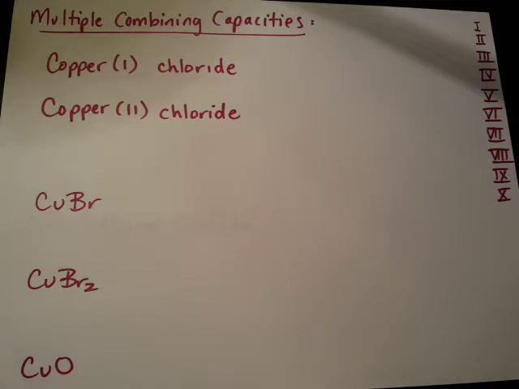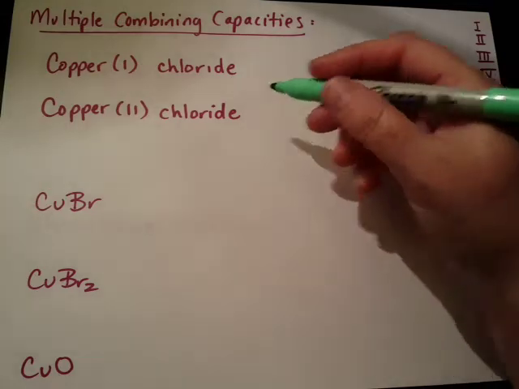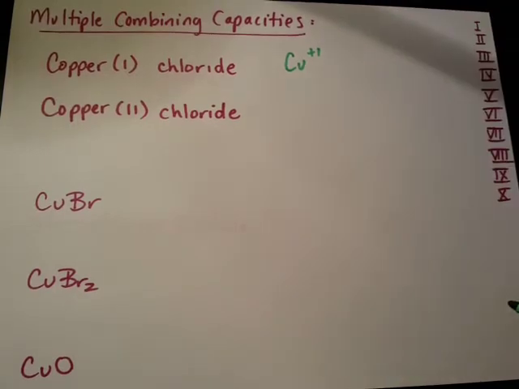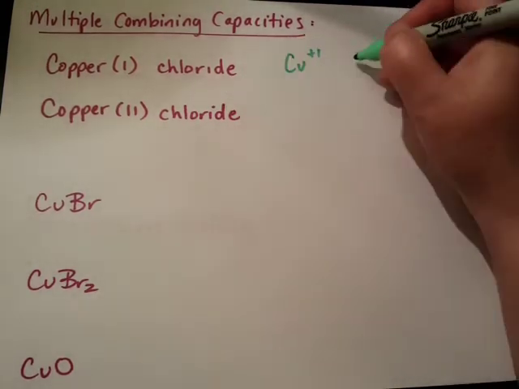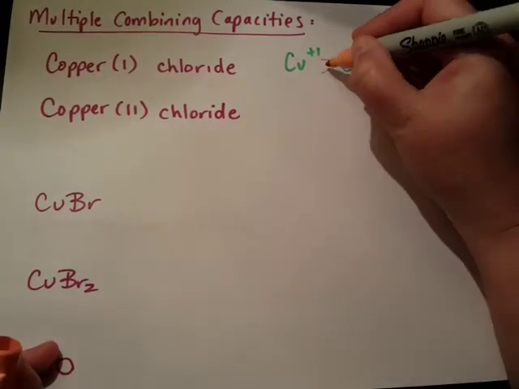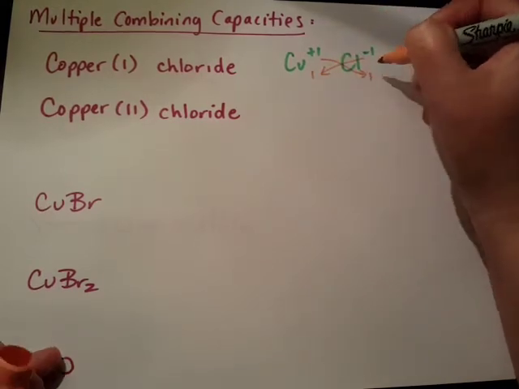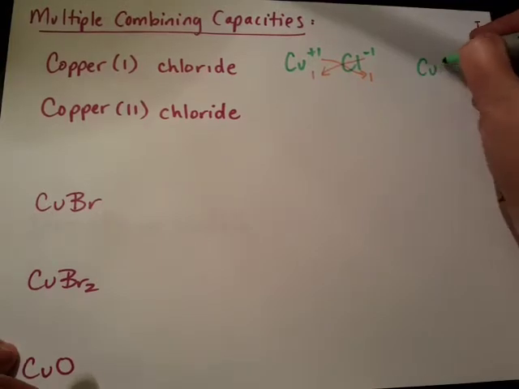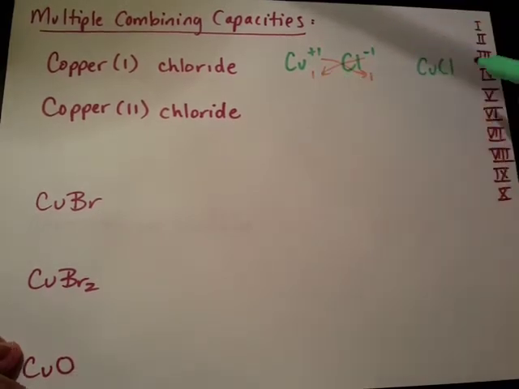When we're representing those and we want to build our formula, with copper 1, we would represent it like this. Chloride is always -1. So when we crisscross it, we'll end up getting CuCl.